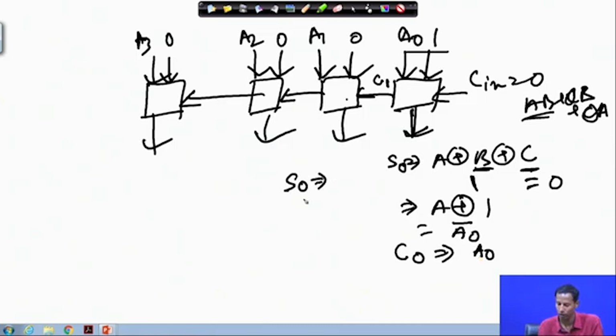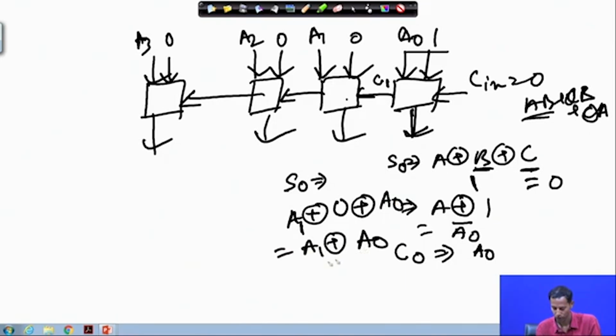So, here what will be the sum? That is A1 XOR with 0 XOR with A0. Okay. So, if I get the expression for S1, this is A1 XOR A0, right. Now for C1, what will be the expression? If I write AB plus BC plus CA again. Here what is AB?